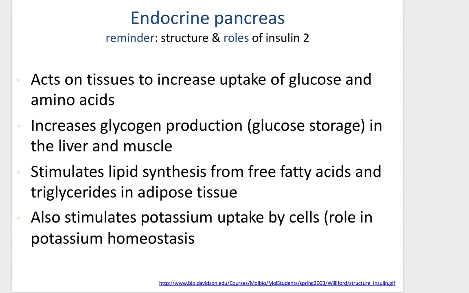It acts on tissues to increase uptake of glucose and amino acids, increases glycogen production or glucose storage in the liver and muscle, and stimulates lipid synthesis from free fatty acids and triglycerides in adipose tissue. It also stimulates potassium uptake by cells, with a role in potassium homeostasis.